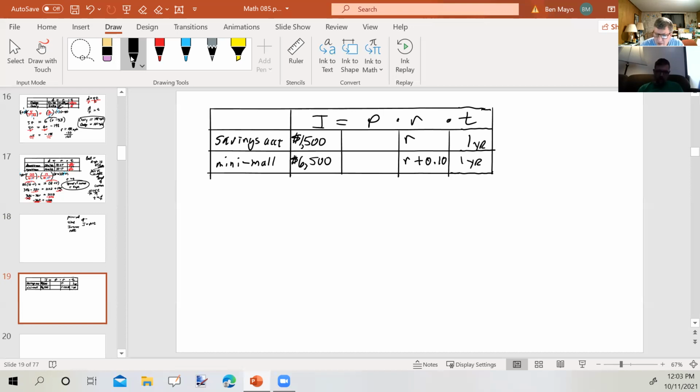Okay. So we've got everything except the principal, but reading it again, an amount of money invested for 1 year in a savings account will earn $1,500. That same amount of money invested in a mini mall development will earn $6,500 interest in a year. So the principals are equal. Well, if I equals PRT, dividing both sides by RT, we get P equals I divided by RT.